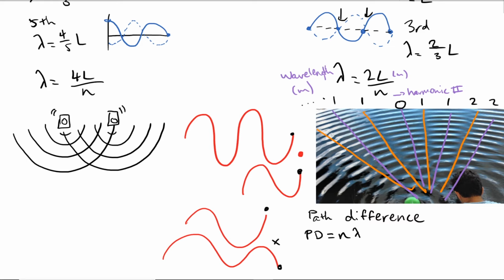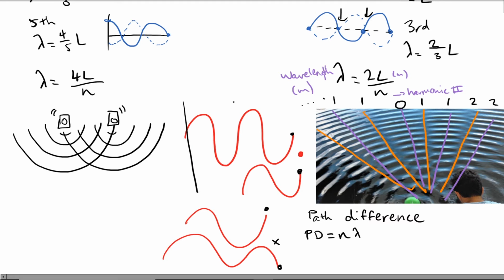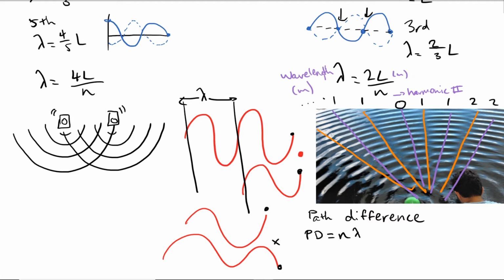What does that actually mean? Well, like in our first example, the difference in the distance that our waves have traveled is 1 wavelength. But it could be a difference of 2 or 3, as long as it's an integer. So n must be an integer for this to work.